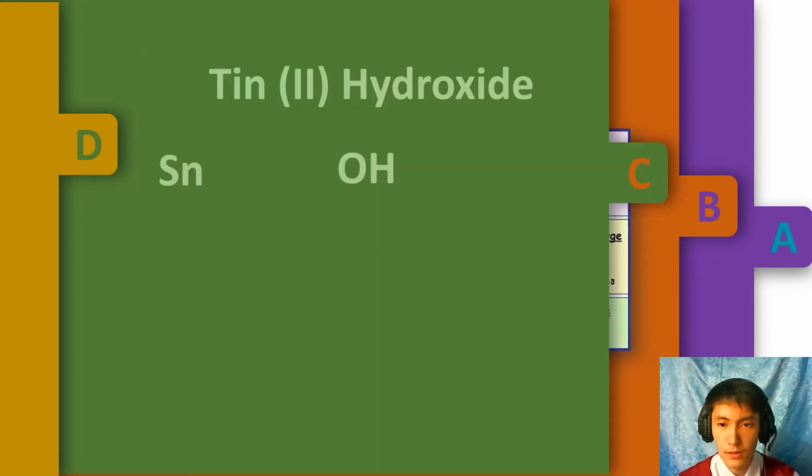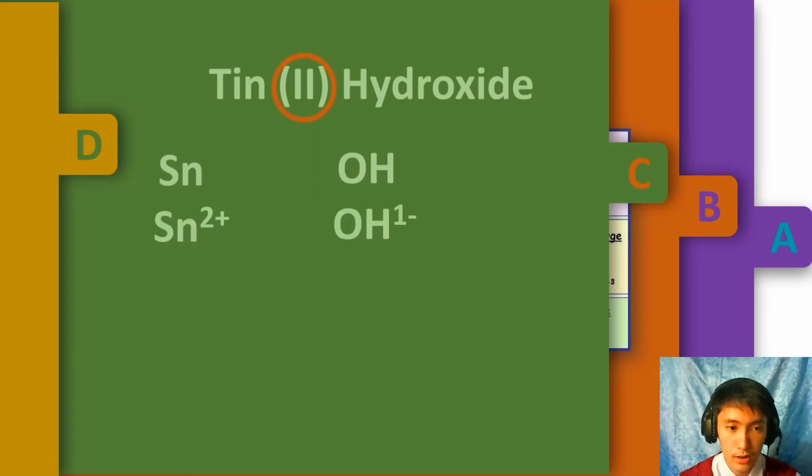In this example, the chemical symbol for tin is Sn and the chemical symbol for hydroxide is OH. We should see the Roman numeral of tin to be its charge. So the charge of tin is positive 2 and the charge of hydroxide is negative 1. So we need to add another hydroxide to become neutral.